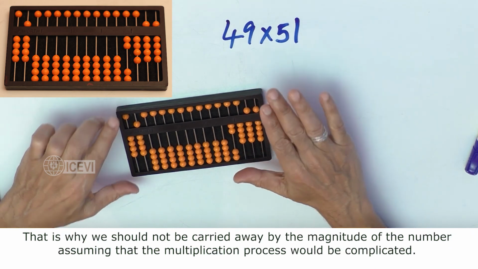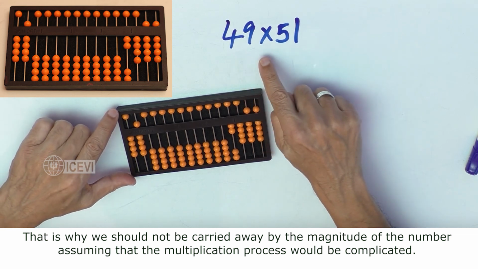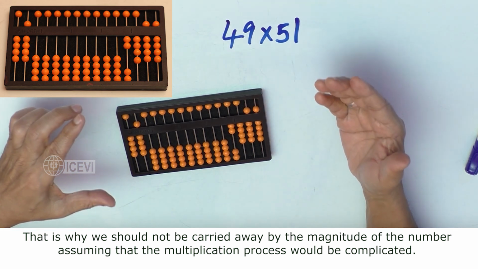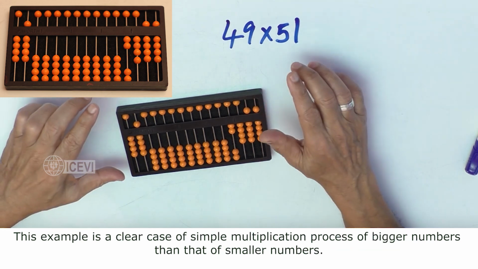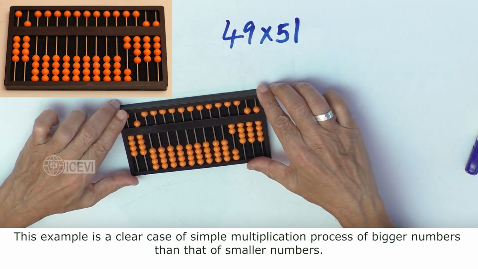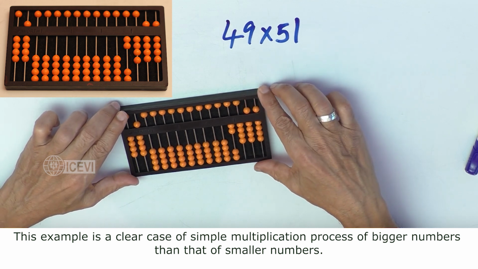That is why we should not be carried away by the magnitude of the number, assuming that the multiplication process would be complicated. This example is a clear case of simple multiplication process of bigger numbers than that of smaller numbers.